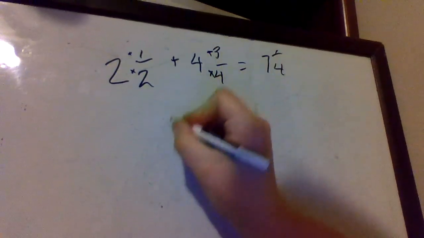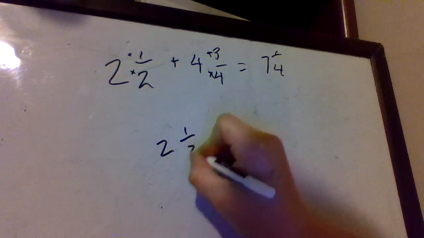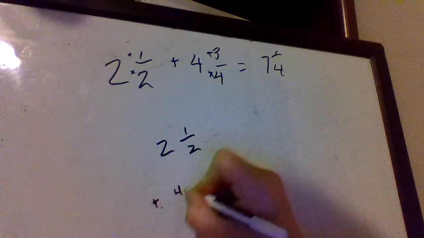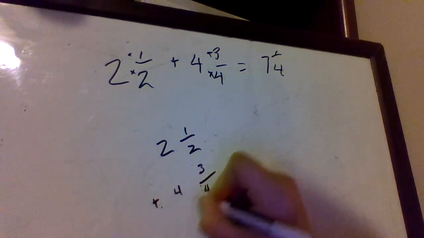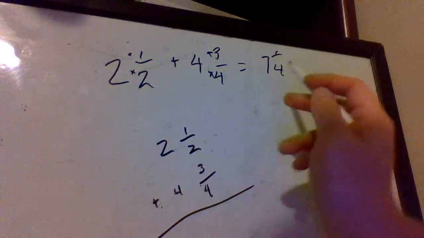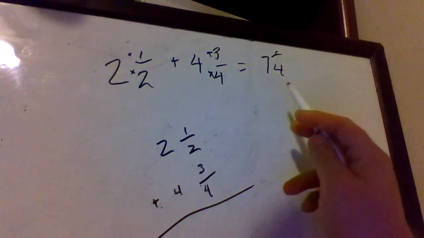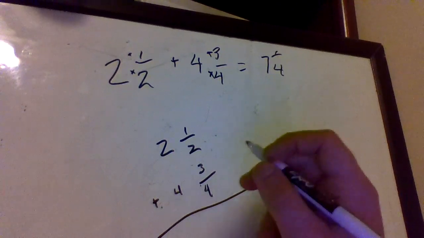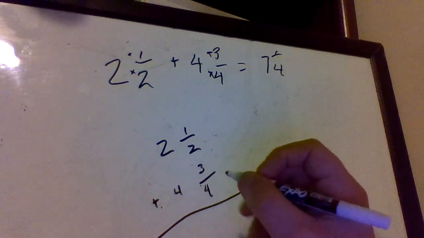So 2 1/2 plus 4 3/4. So we got 7 1/4. 2 plus 4 is 6, and 6 is close to 7. So we've got a pretty good estimate. So let's see if we're right.